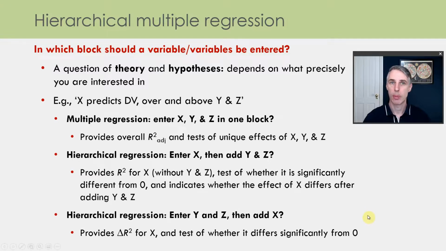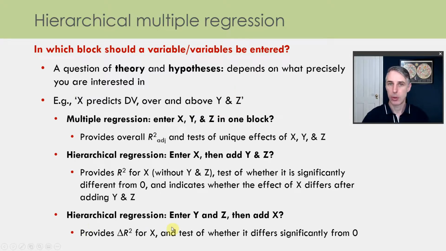Alternatively, our researcher might be interested not just in whether X predicts the outcome variable over and above Y and Z, but they may also be interested in how much variance in the DV is explained by X in particular. So how much variance in commitment is explained by identification specifically when adjusting for all these other predictors.